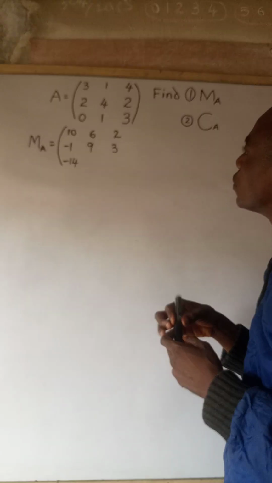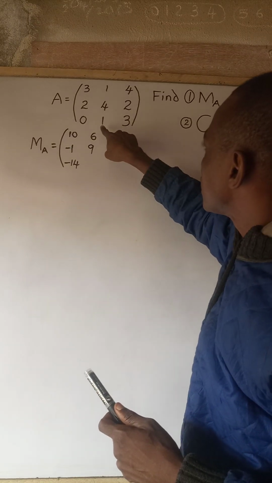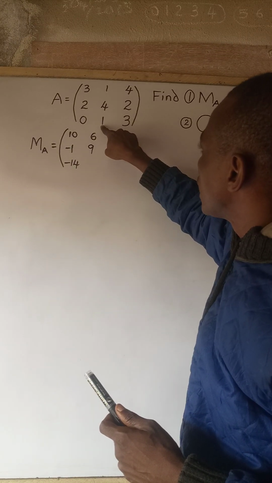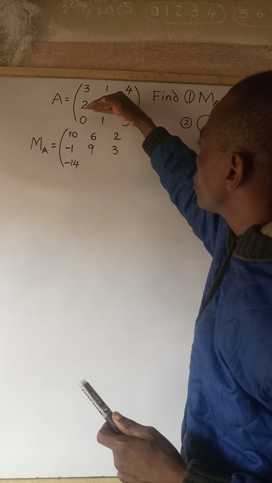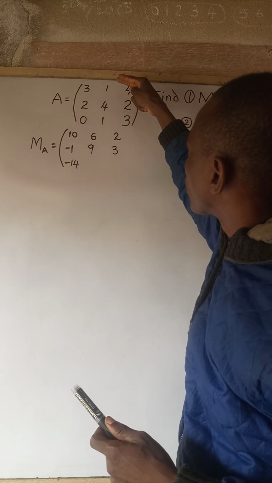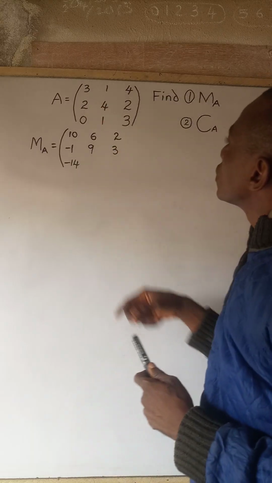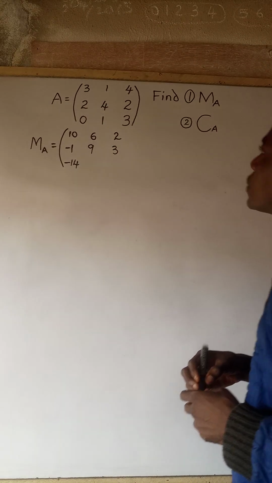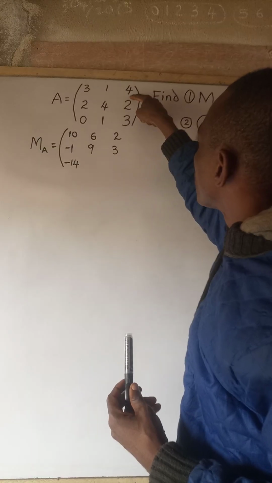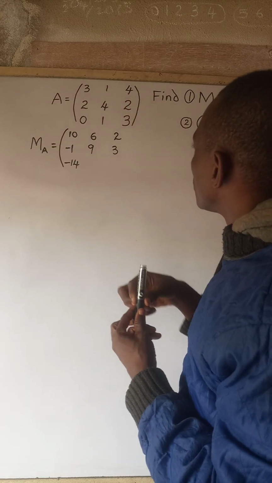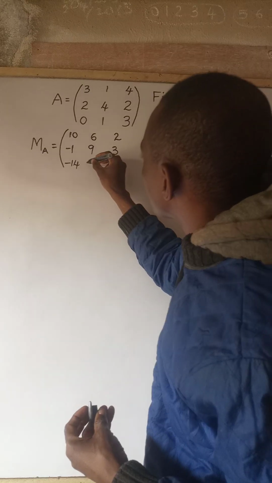We continue. We move to the eighth element. We cancel the row and the column. Okay, we will have this, 2 times 3. 2 times 3 is 6. 2 times 4 is 8. 6 minus 8 will give us minus 2.